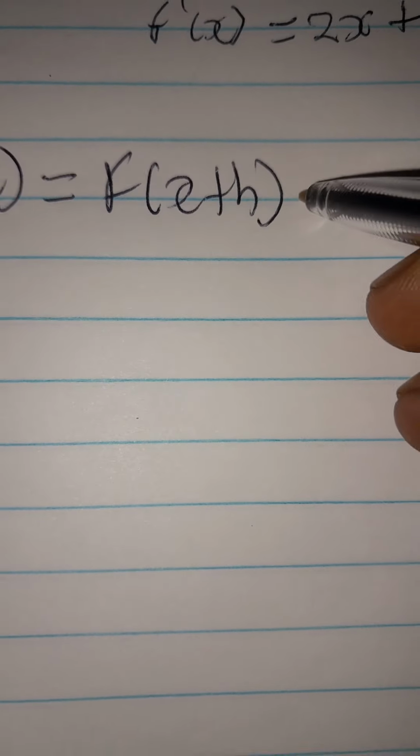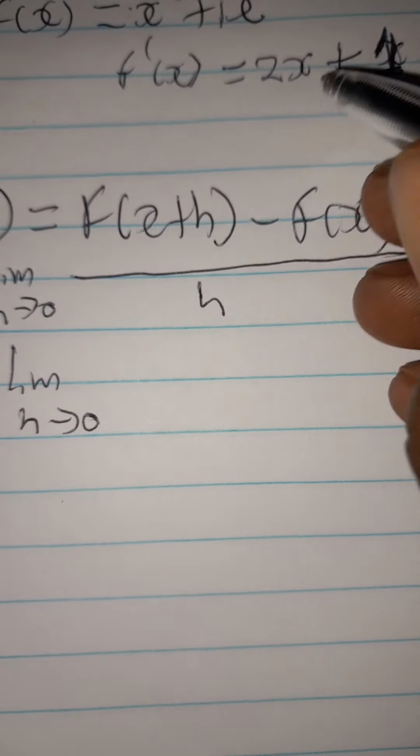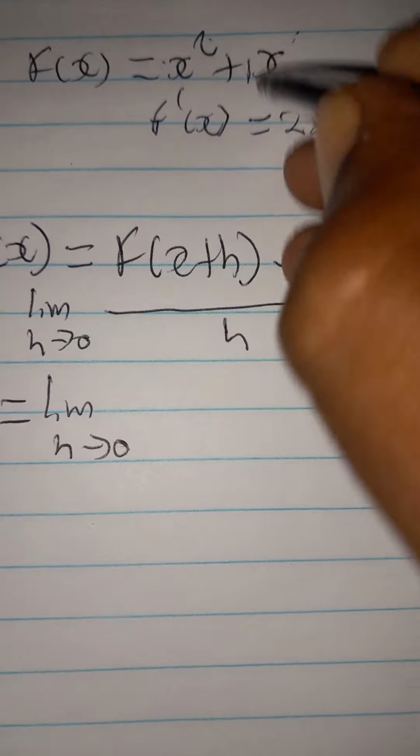f prime of x is f of x plus h subtracted by the given function, divided by h. Let me not forget, limit as h approaches 0, right? Okay, limit as h approaches 0. Sorry for that. Where there is x, we shall replace it, remember that we are given x squared plus x, right?